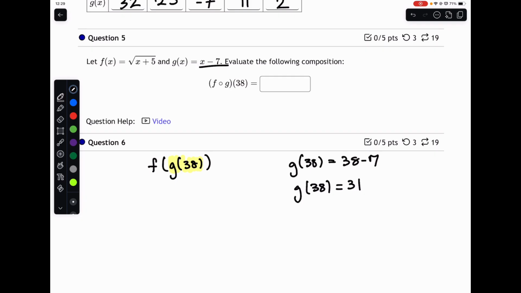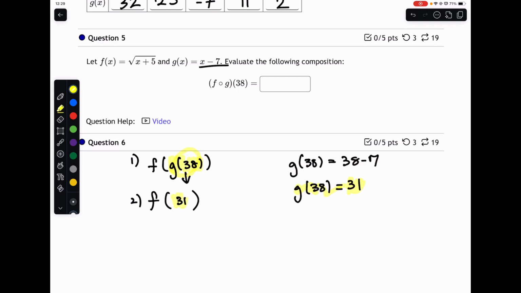So what are we going to do with that 31? Well, since we know now that this equals 31, I can replace that with 31, and that's step 1. Step 2 is now to figure out what f of 31 equals. All I've done is replace that yellow with that value of 31.